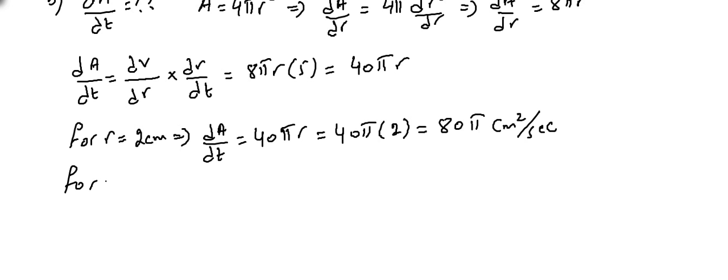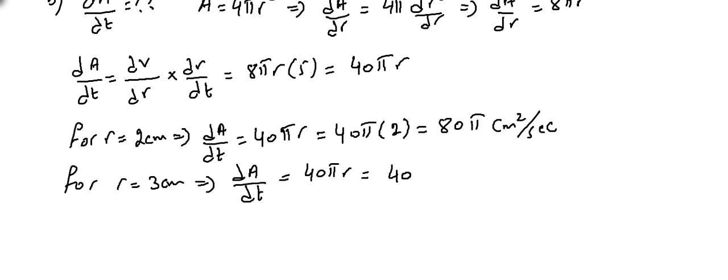And for r equal to 3 centimeters, dA/dt is 40 pi times 3, which is 120 pi centimeters squared per second, because it is an area.